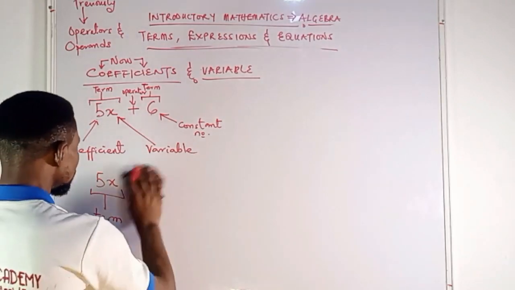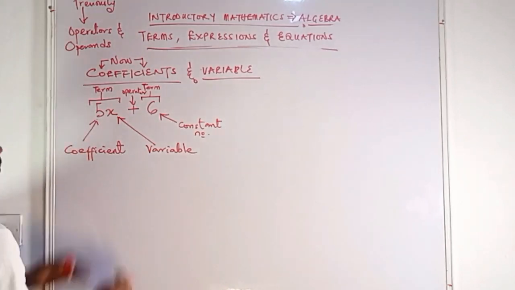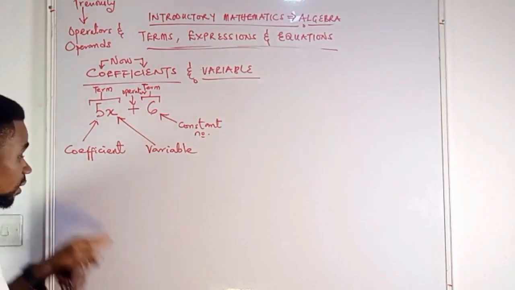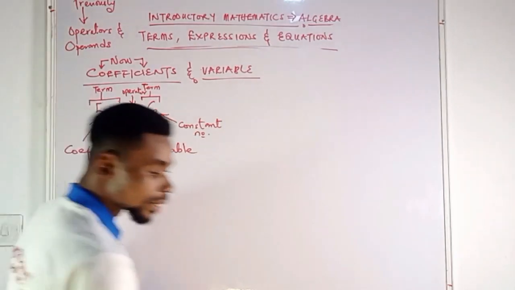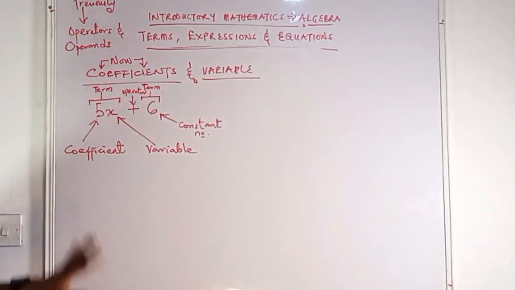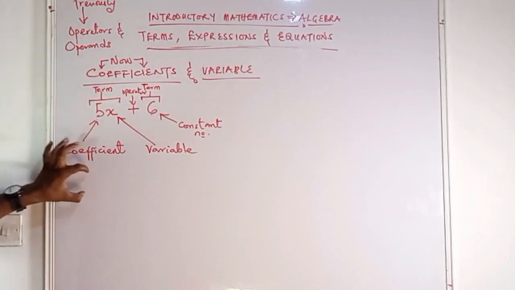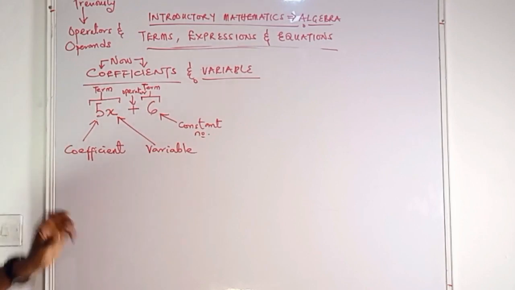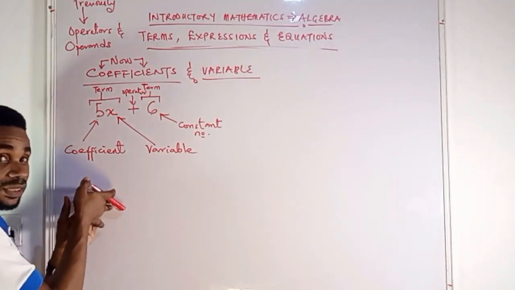All right, let's go back. So this is a term, this is a term. I just finished explaining that it doesn't matter whether there is a plus or minus there. Even though it's standing on its own without this plus 6, it's still a term. That's what I tried to establish here, okay?